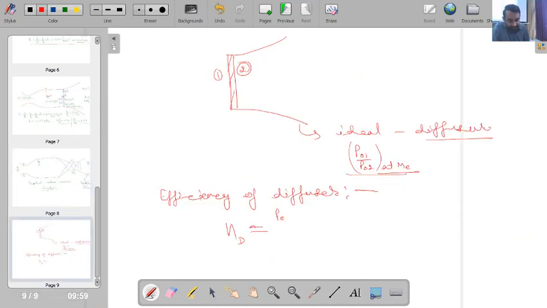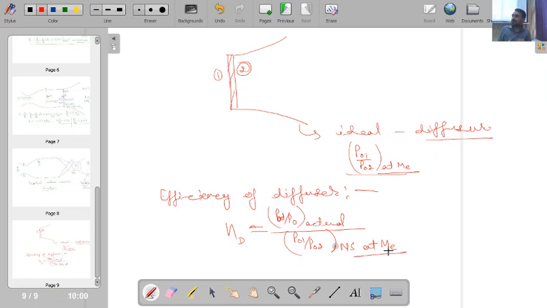So I can say the delivery pressure by reservoir pressure ratio, P naught D for actual, divided by P naught 1 by P naught 2 for a normal shock at exit Mach number ME.